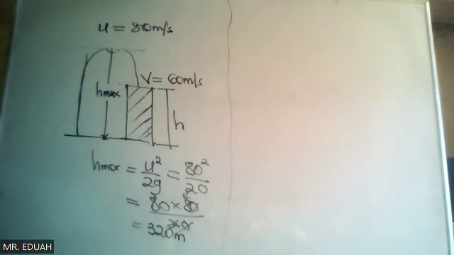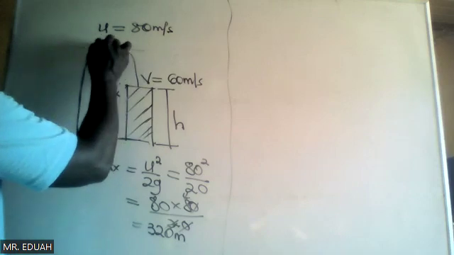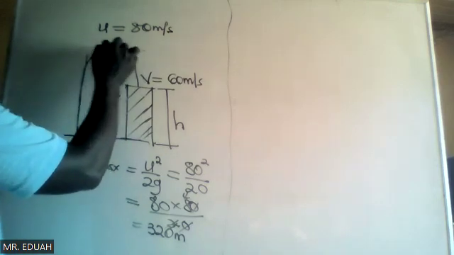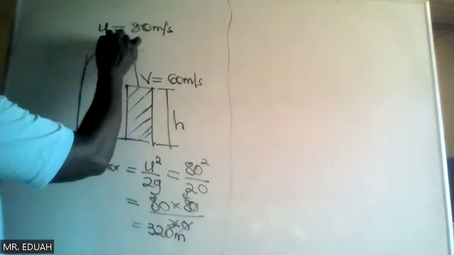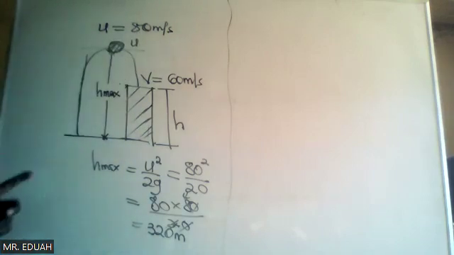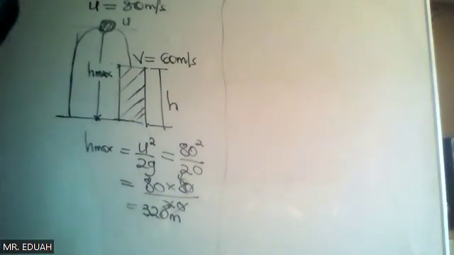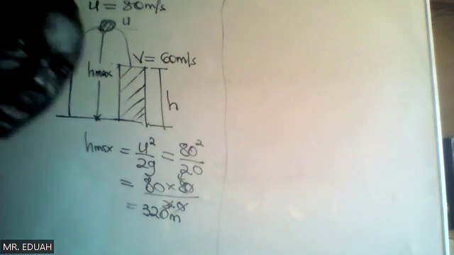So the maximum height is 320 meters. Now when the ball gets to the maximum height and it is returning, what's the velocity there? At the maximum height, what's the initial velocity?